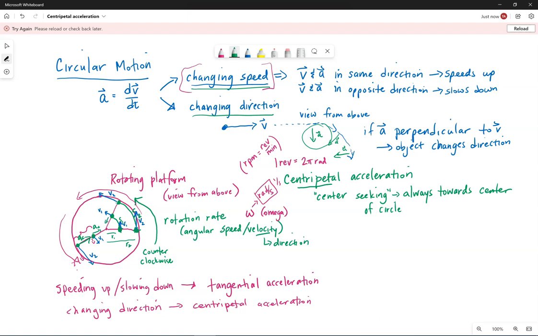So the centripetal acceleration always points directly to the center. We're going to use an A sub C or A sub R. C for centripetal, but R for radial. That term is sometimes used because that centripetal acceleration points along the radius, right? The radius of a circle is measured from the center out to the edge. And so the radial acceleration always points inwards along the circle.